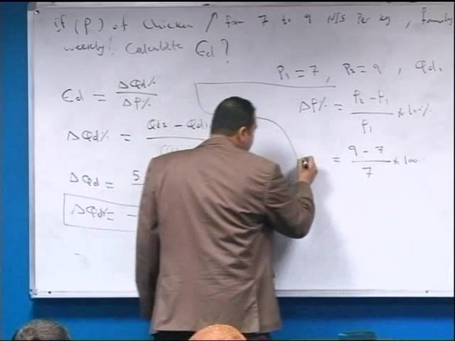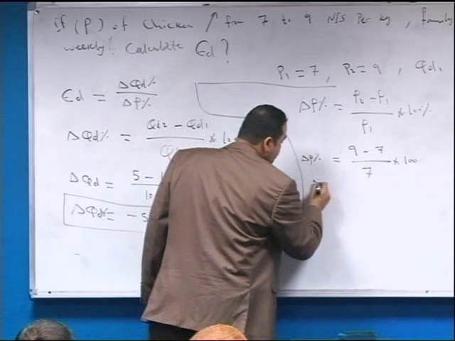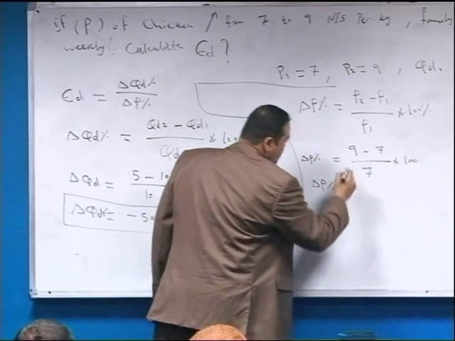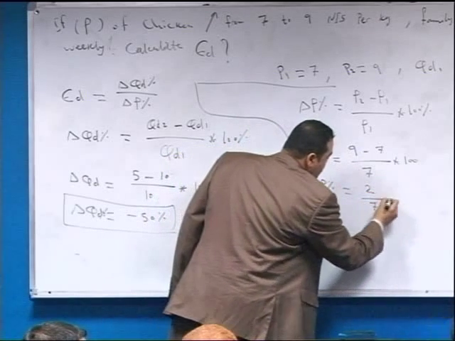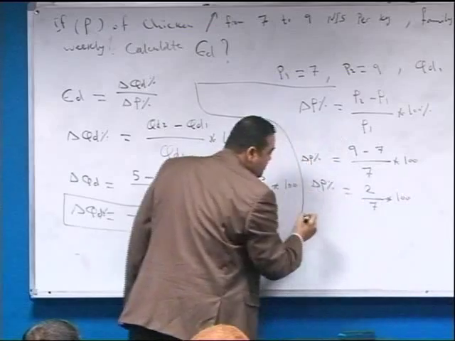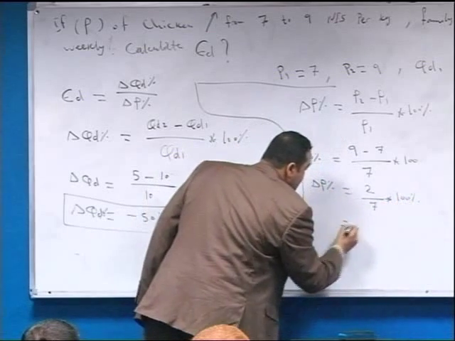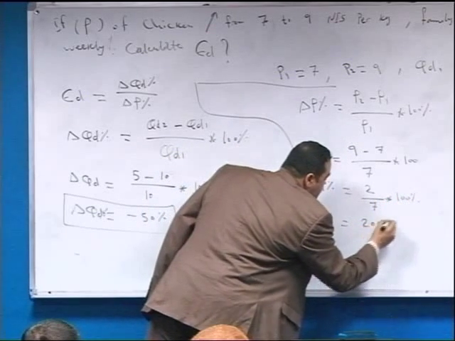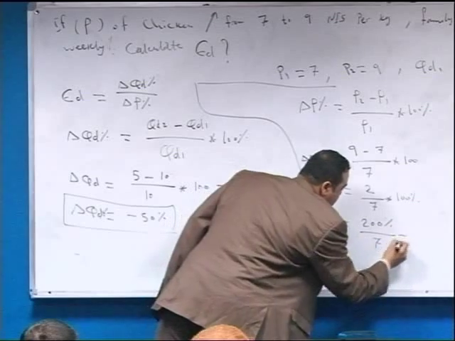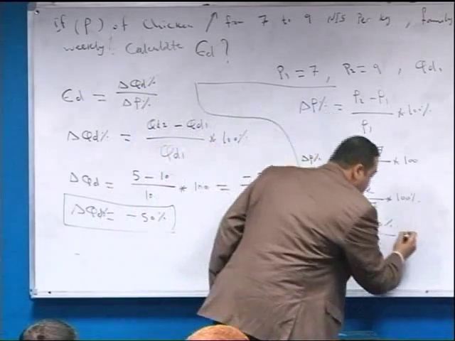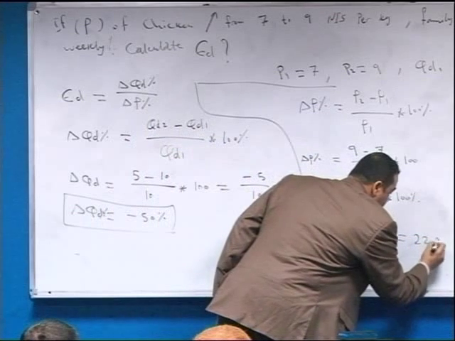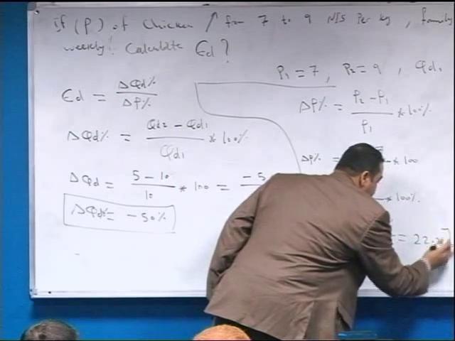So delta P percentage equals 2 over 7 times 100%, which is 200% over 7. How much is that? 22.22 percent.